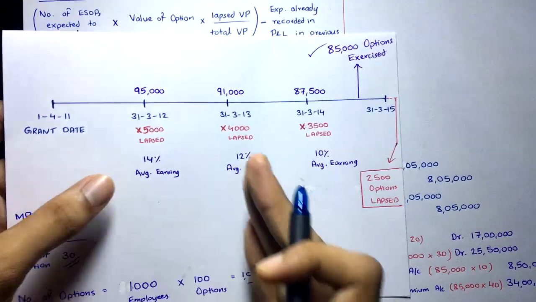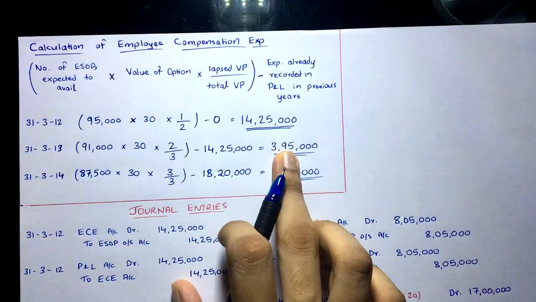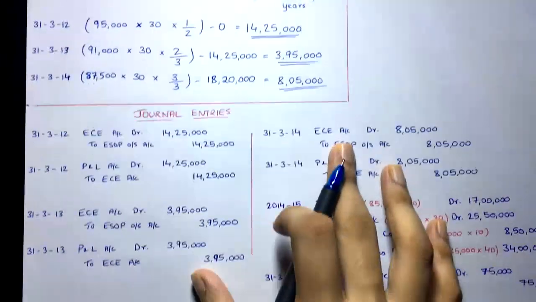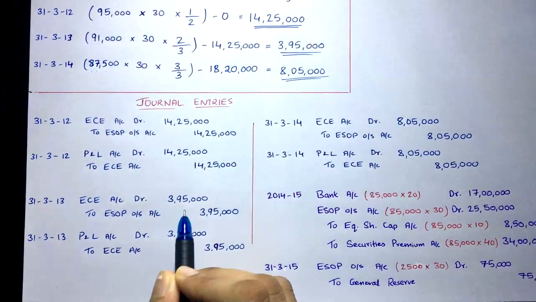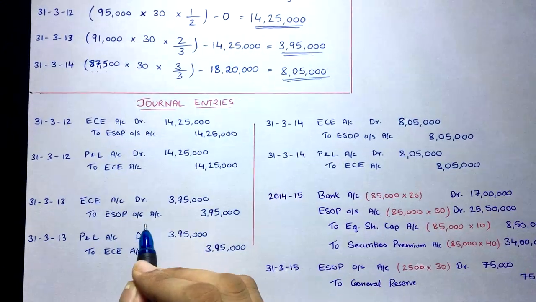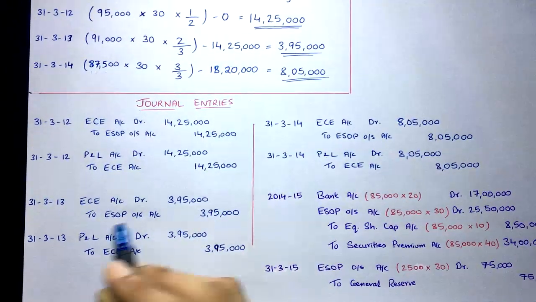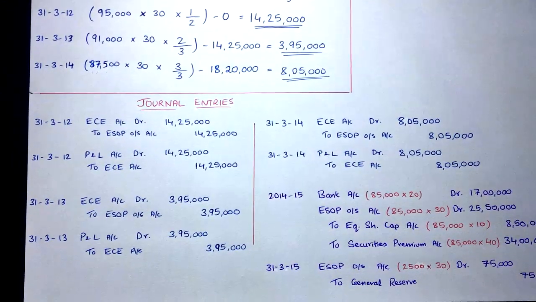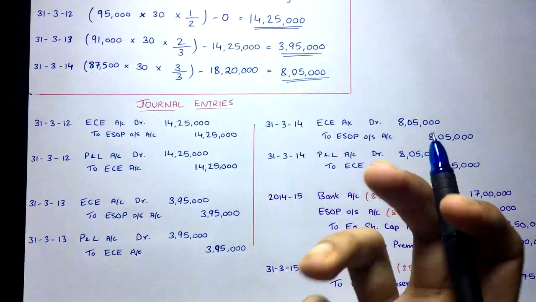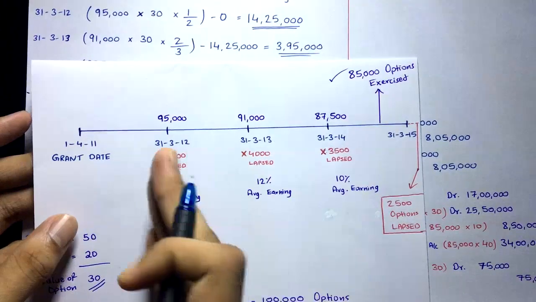Then at the end of the second year, again we have to recognize the expense, 3,95,000. So the same entry: employee compensation expense account debit 3,95,000 to ESOP outstanding account 3,95,000. Now why are we creating a liability over here? Because you have to think like this, we are not giving the employees anything at the end of the first year or second year.